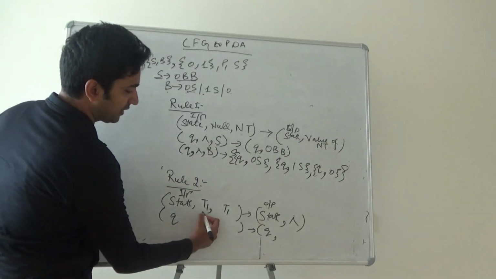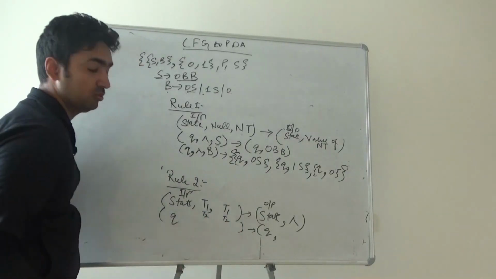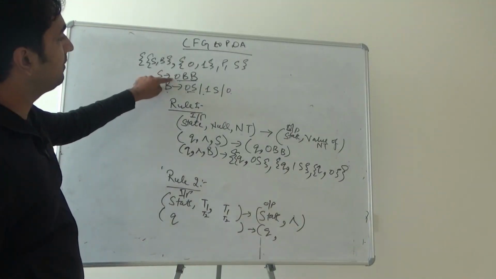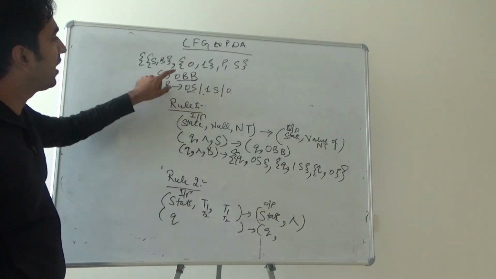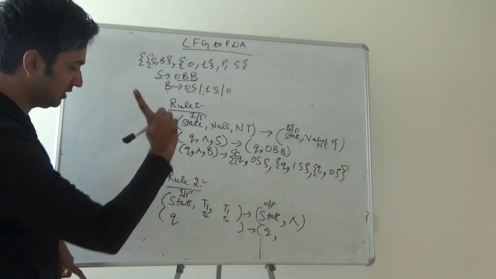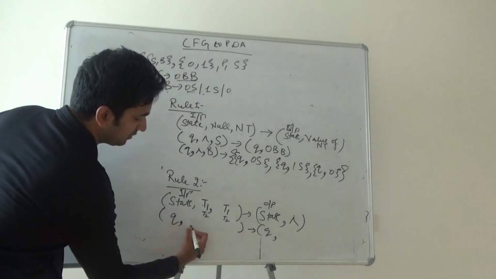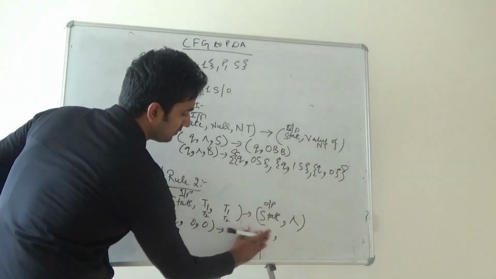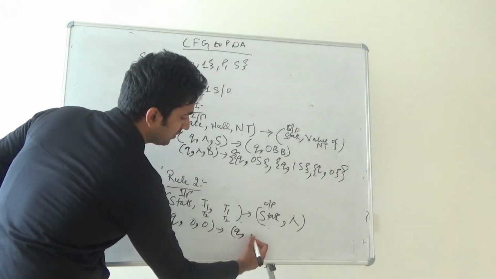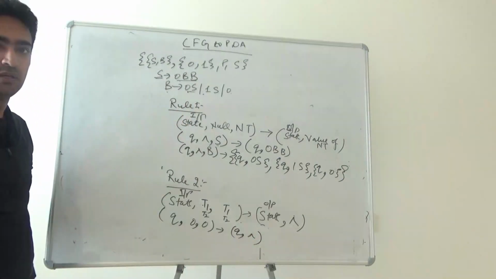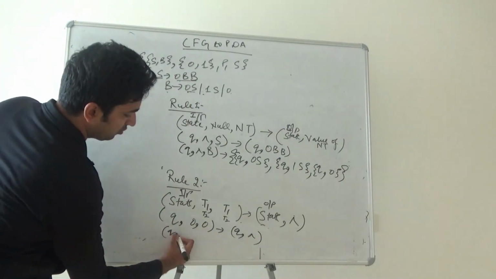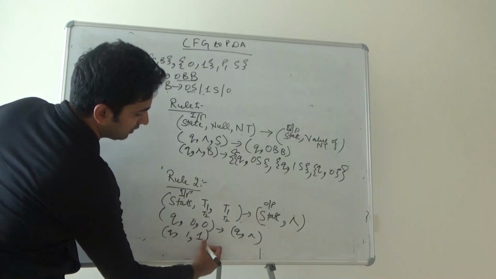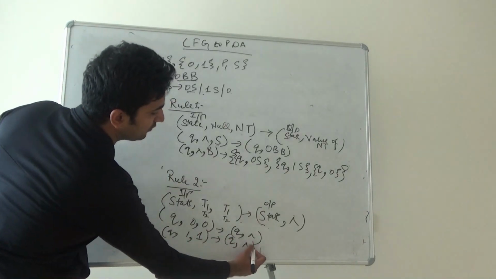Similarly, it can be terminal 2, terminal 2. It means 0 will be matched with 0, 1 will be matched with 1. So I'm just writing terminal 0 as well as 0. It generates Q null. Similarly, Q terminal 1, it gives Q null.